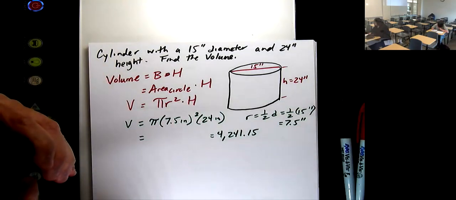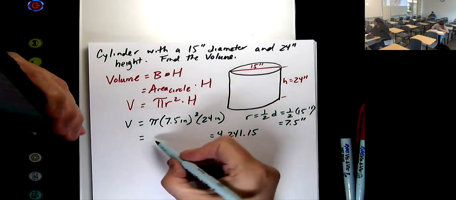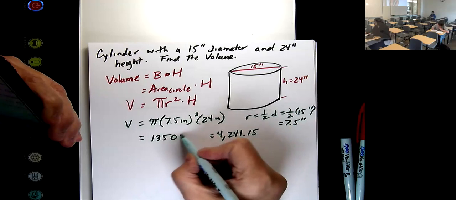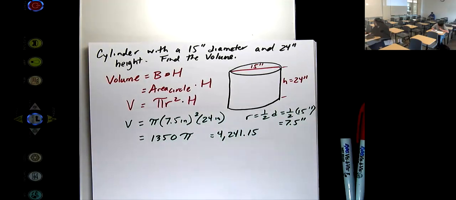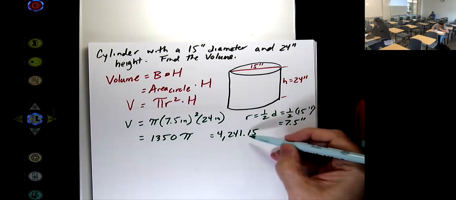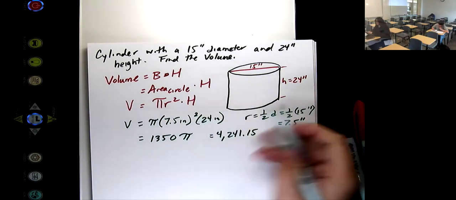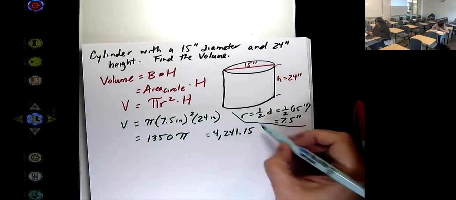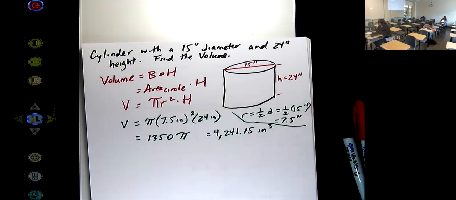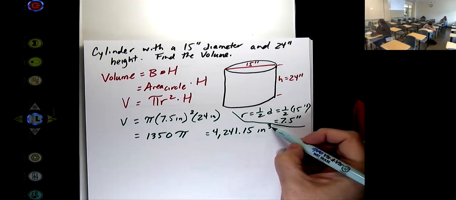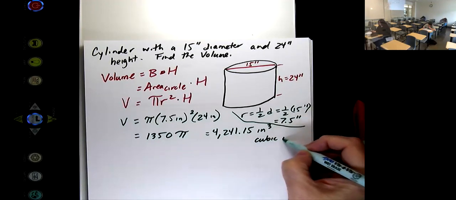Let's see if I do that. This is 1,350 pi. So you get 4,241.15. I have inches squared times inches gives me inches cubed. So you can write inches cubed like that, or you can say cubic inches.